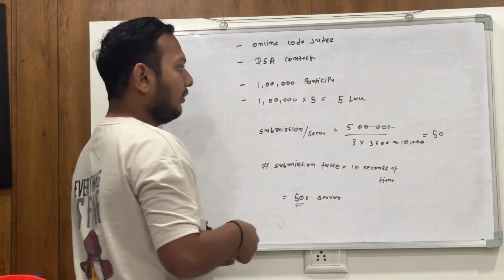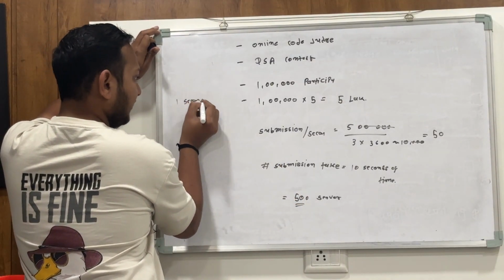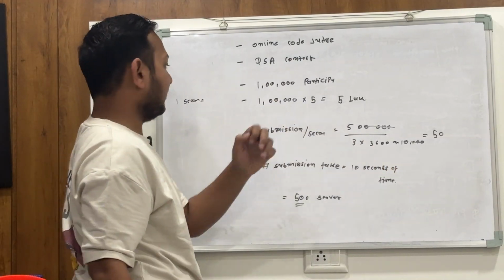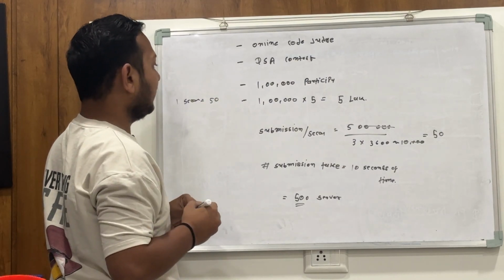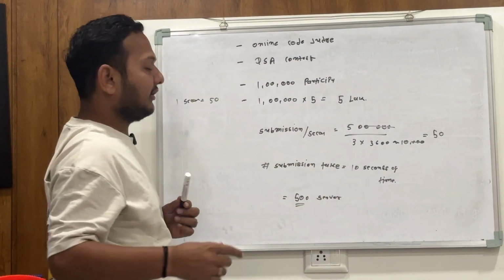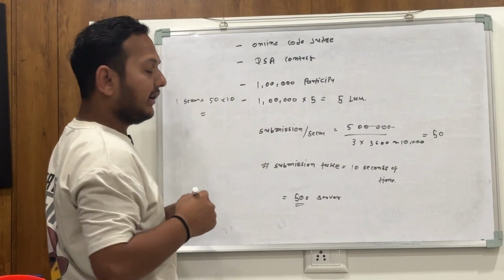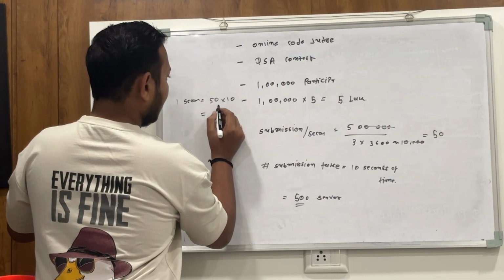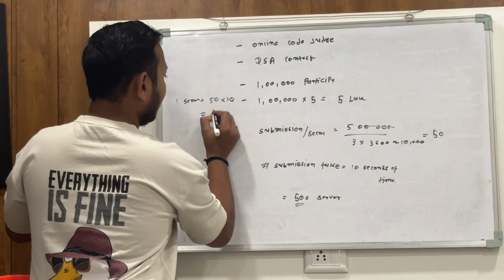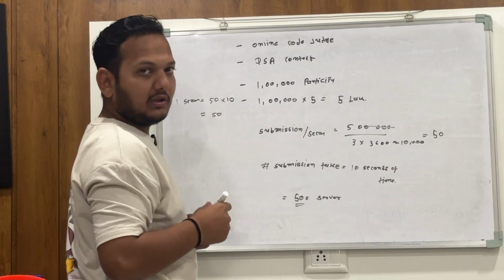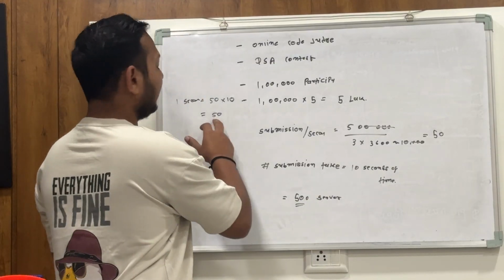For the first second, how many submission requests are we getting? 50, right? And how much time is required for every submission? 10 seconds. So every submission request we have to run on a separate server. So a total of 50 servers are required.